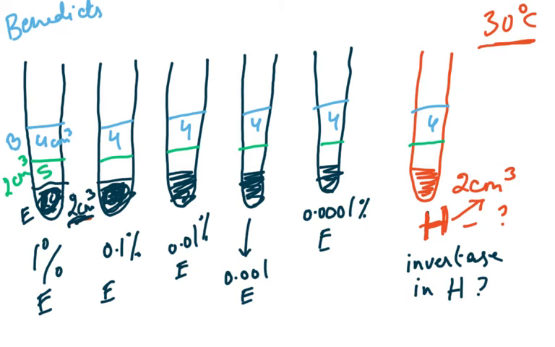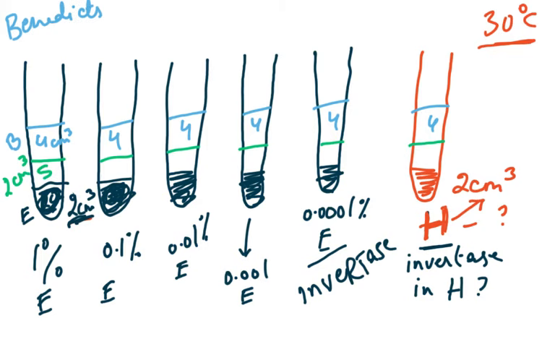Then we have put 2 centimeter cube of honey H into the test tube labeled H, then put 2 centimeter cube of S into each. Now what was S? If you look at the first page, S was the 5% sucrose solution, because we've got invertase here. The enzyme is invertase, which breaks down sucrose, and we want to find out how much invertase is there in the honey.